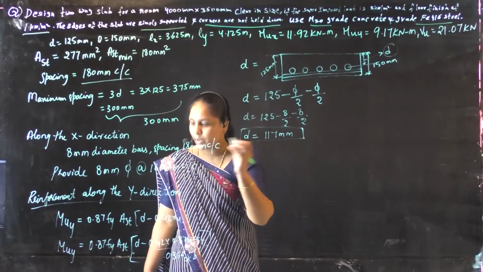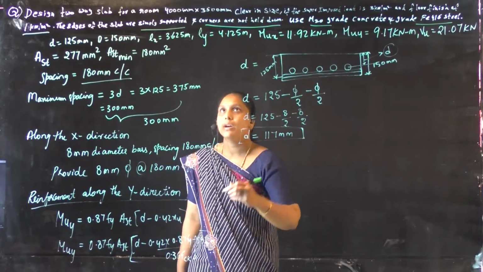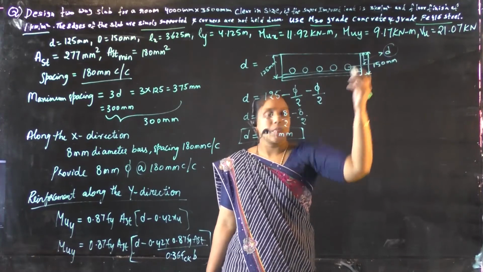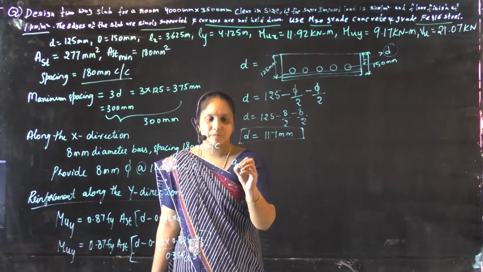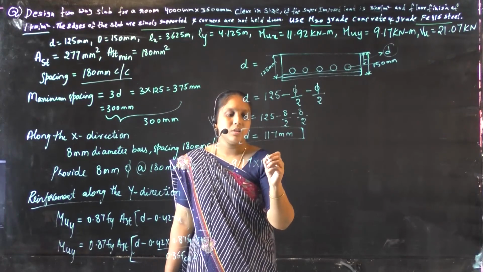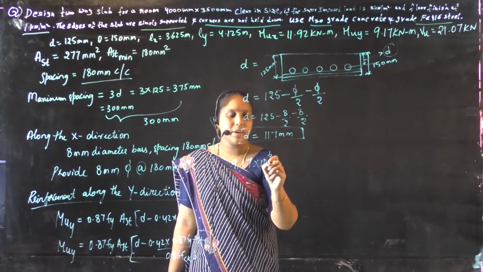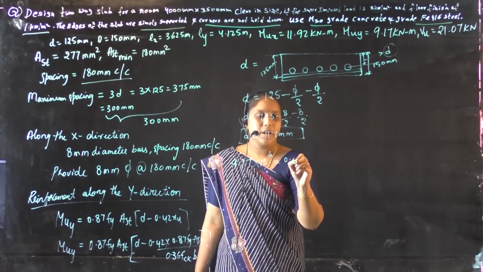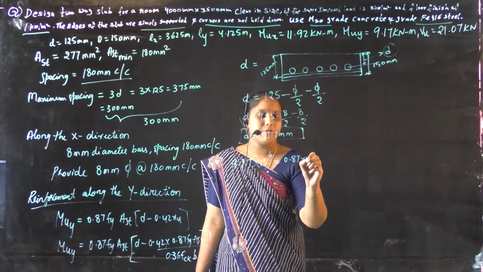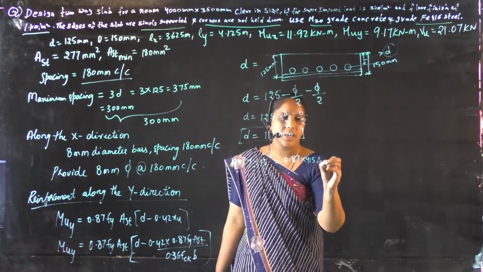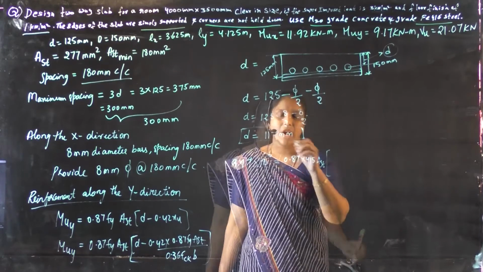So substitute the values MUY. So how much is MUY? It is 9.17 kilonewton meter. So converting it to Newton mm, it will be into 10 to the power of 6 is equal to 0.87 into Fy. Fy is 415 into AST into D. How much is D here?